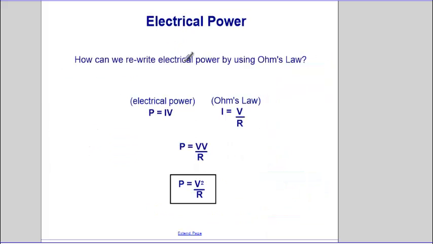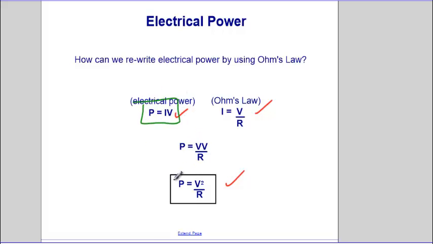Can we rewrite electrical power using Ohm's law? Power is I times V, so here's the first equation. Given Ohm's law, I equals V over R. If we put in V over R where I was, we get power is V times V over R. So power is V squared over R. So let's just circle the many ways we can define it.